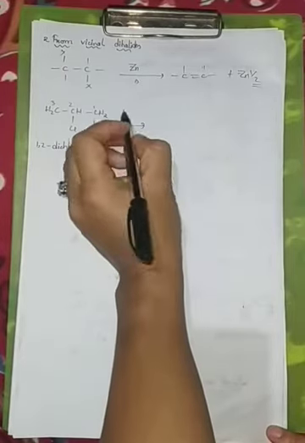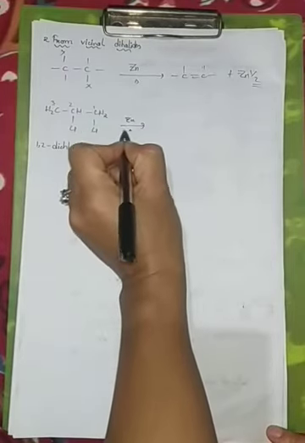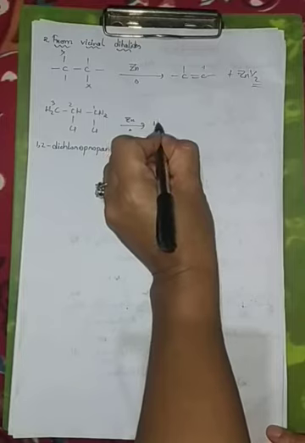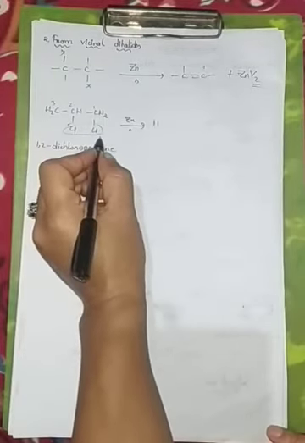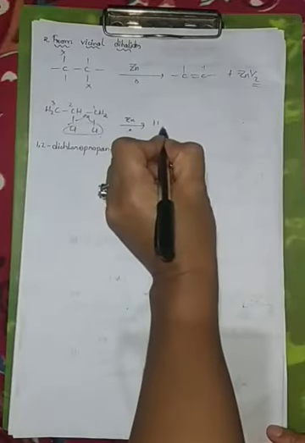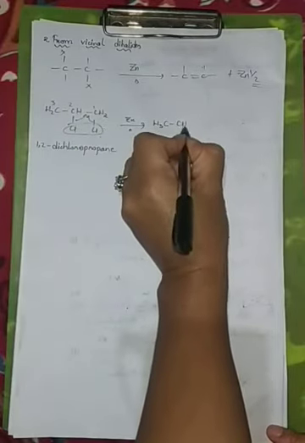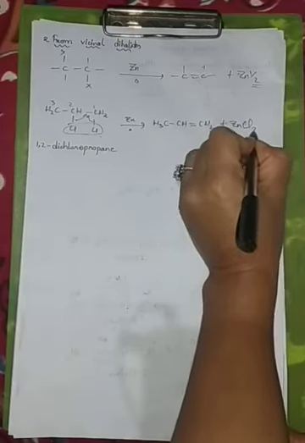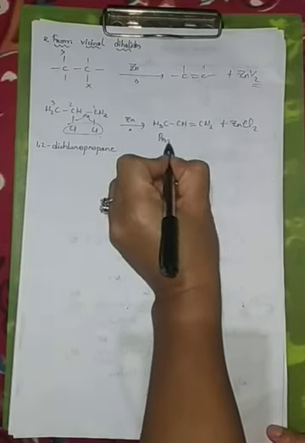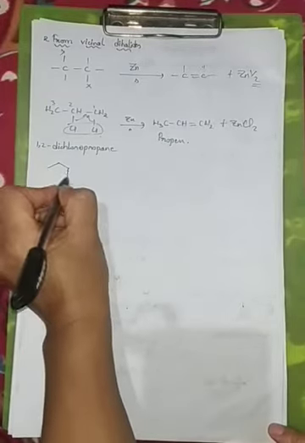When it reacts with zinc dust in alcohol on heating, both the halogen atoms will be removed. Therefore we get H3C-CH=CH2 plus ZnCl2. Our product here will be the propene molecule.